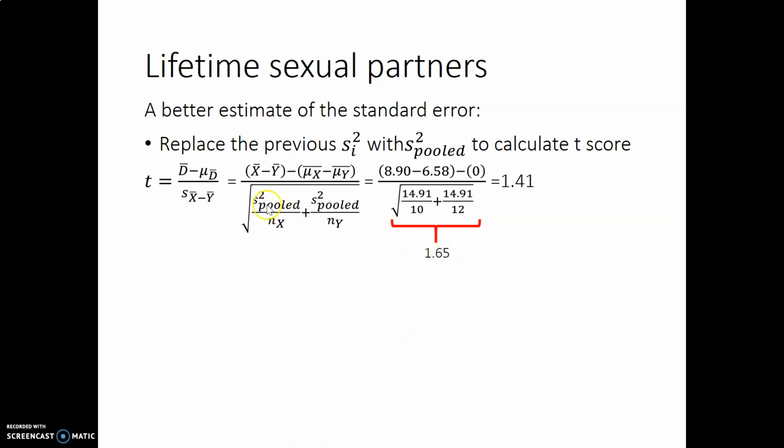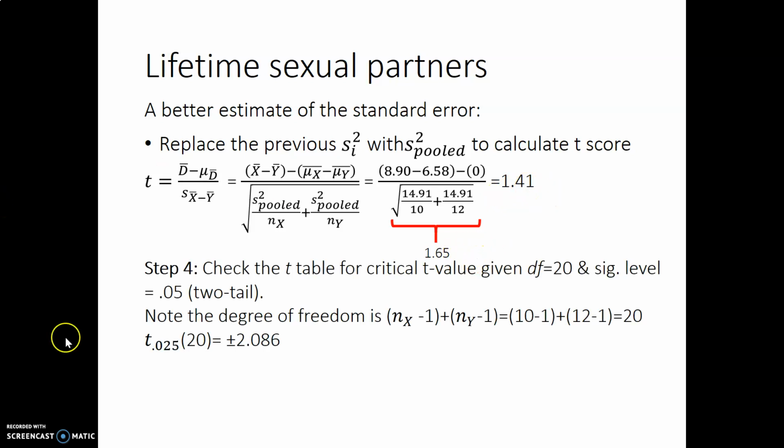So we first divide the pooled variance by the sample size of men and do the same thing for women. Then we plug in all the numbers, and this gives us a better estimate of the t-value for our observed mean difference, which is 1.41.